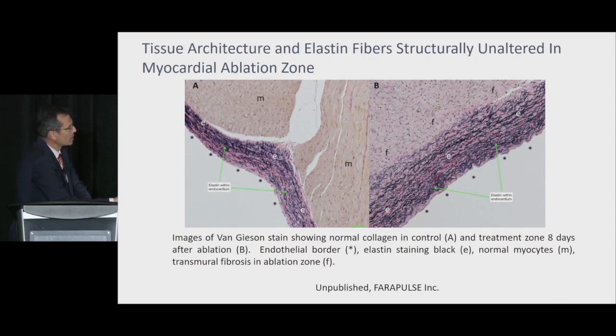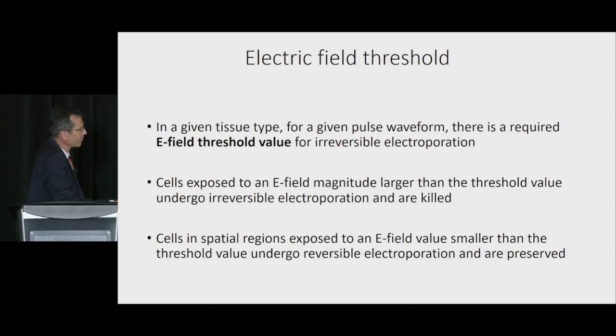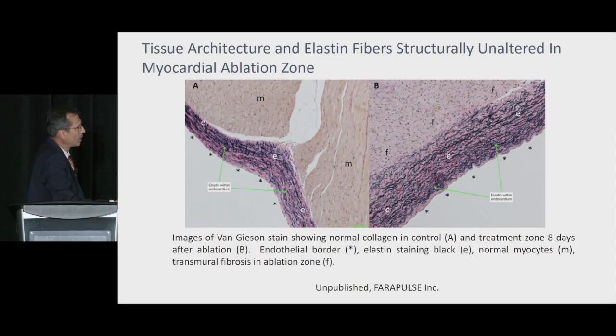But this slice of tissue shows you the preservation of the matrix and collagen tissue from samples that we've been working on in the context of animal studies. The myocytes are dead, but the structure is preserved.